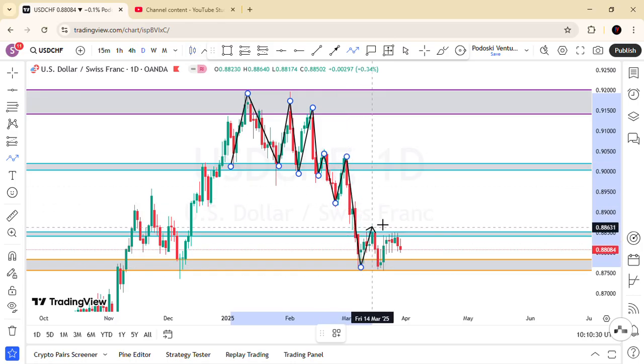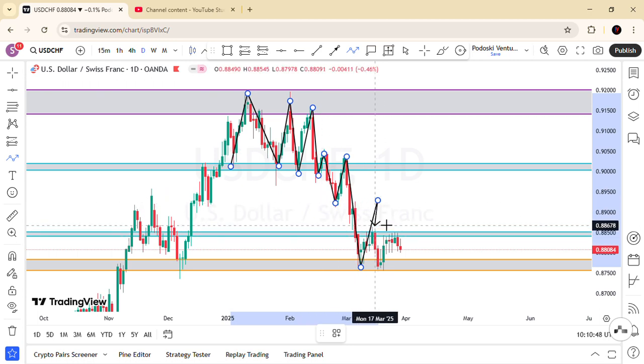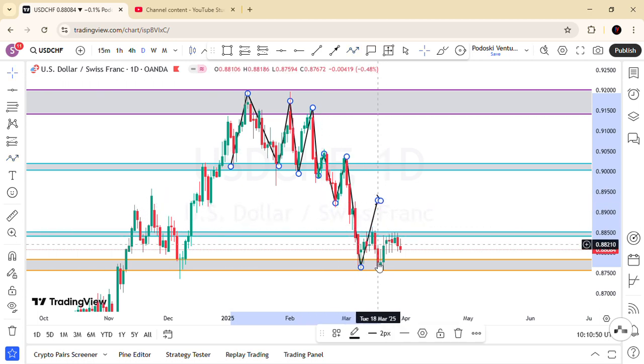So what we should be expecting according to the rule of lower lows and lower highs is price should come and tap into the breakout zone here. But price is failing to do that.